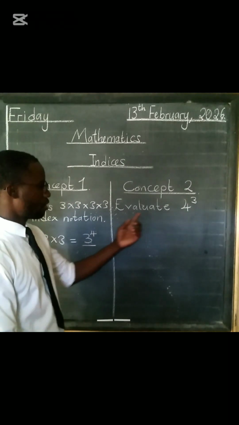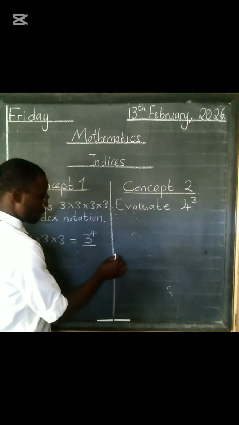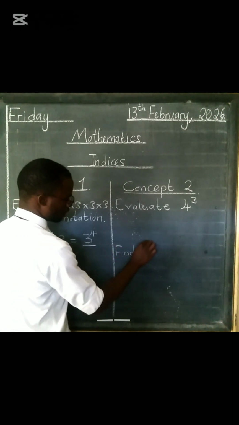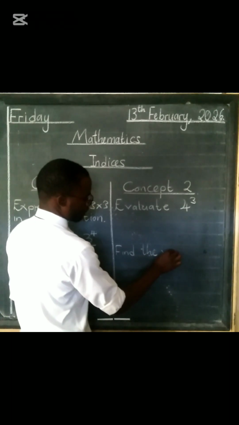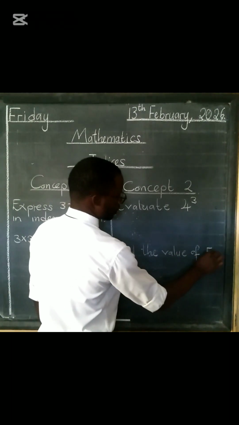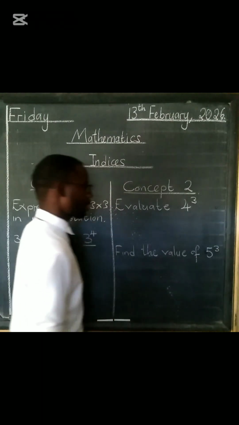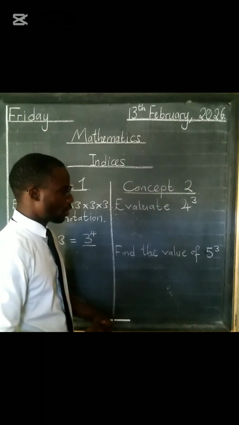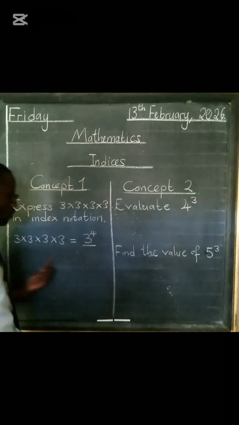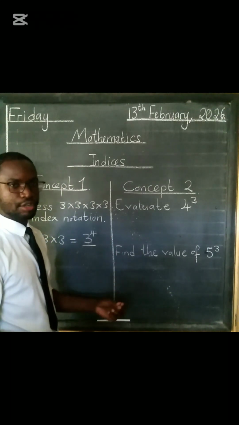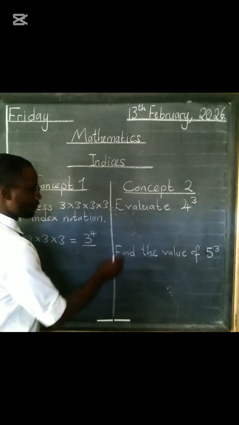Sometimes they will say evaluate, at other times they will say find the value of, in this case, let's say 5 to the power 3. So for this one, evaluate 4 to the power 3. Here, we are doing the total opposite of this and then going further to finding the actual number, like this.